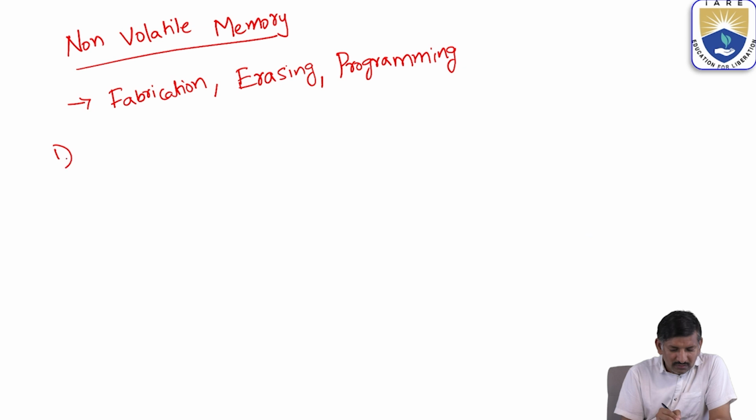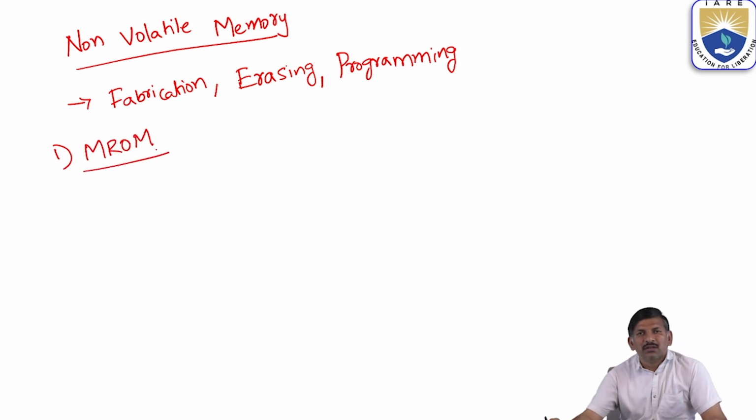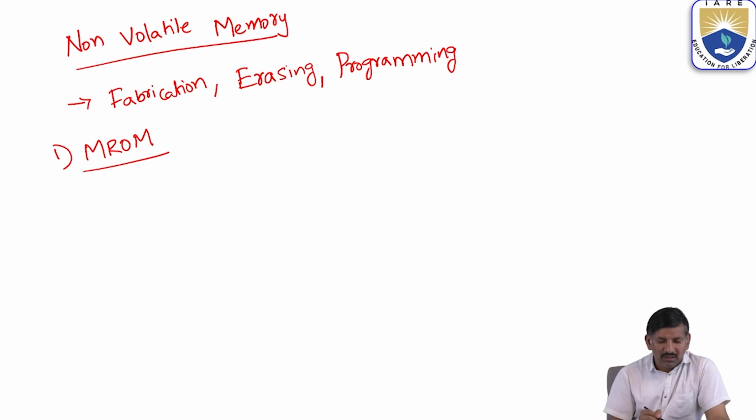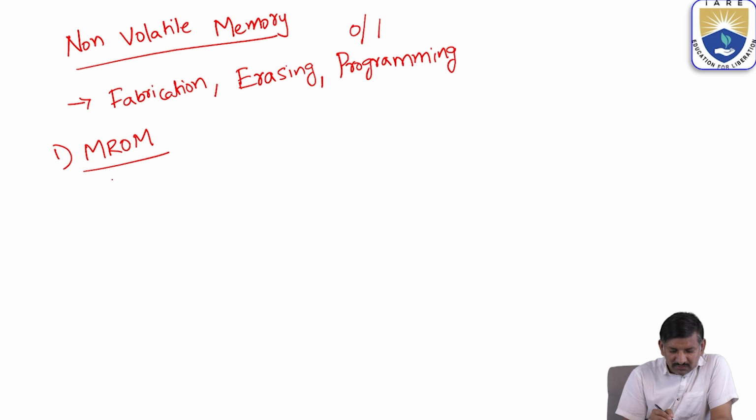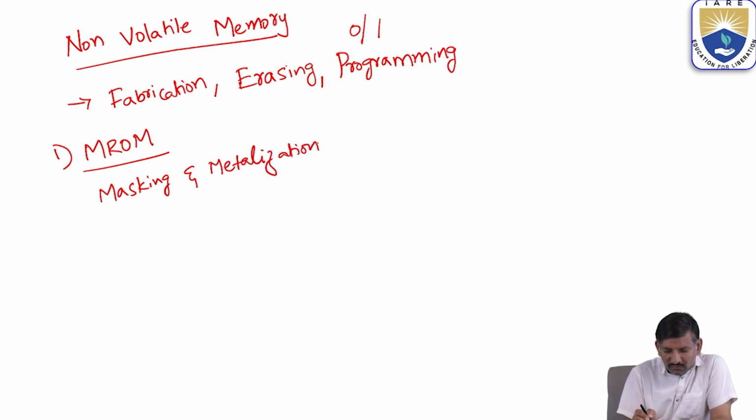First one, masked read-only memory. Here, memory devices store the information 0 or 1. By using masking and metallization, it stores the bit information.